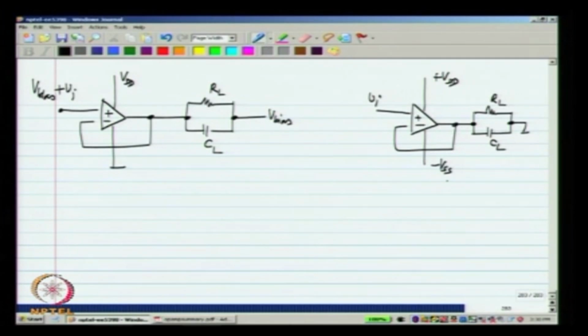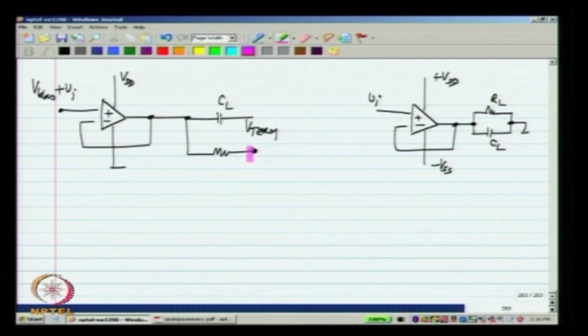Now, if we have only a capacitive load, it is not necessary to connect it to V bias, we can connect it to any voltage. Because even if you have some DC across the capacitor, it is not going to draw any current. So, this V term can be anything, but if you do have a resistive load, if the voltage on the right side is anything other than V bias, even in quiescent condition, some current will be flowing out of the op amp.